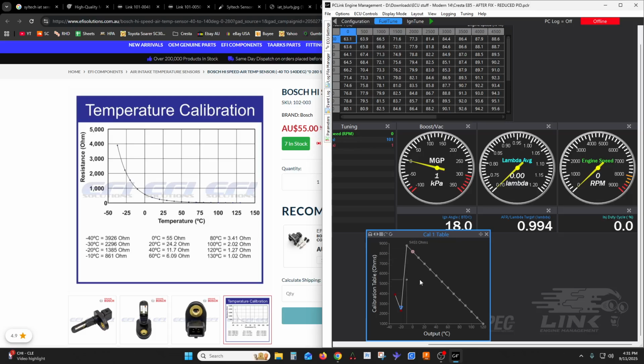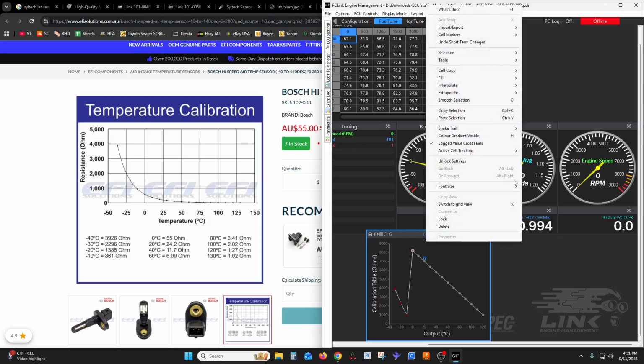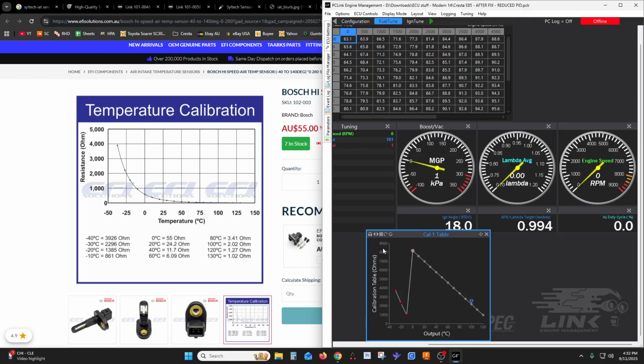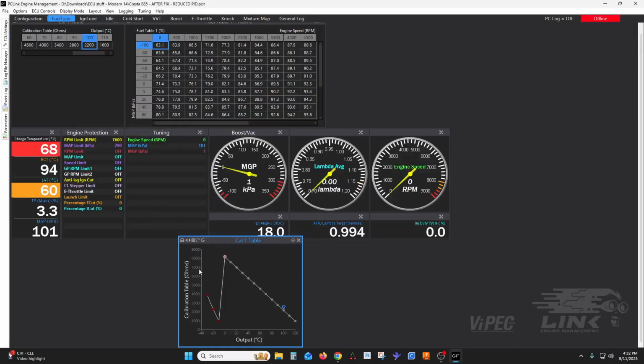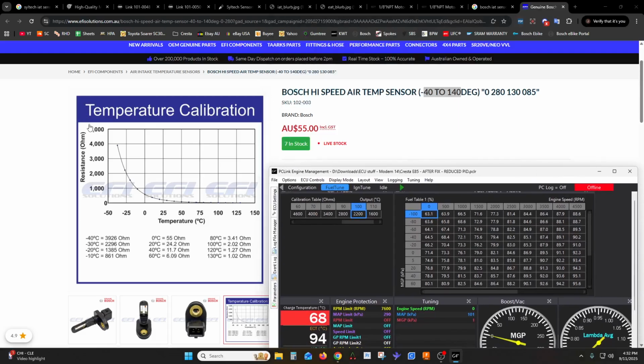Should probably be more accurate than this. 1385 at -10. No, 861. Oh, that's all the way down there. Okay, hang on. We need to adjust our table range. How do we do that? Because look, our table goes to 9,000. And this table goes to 4,000 or 5,000.